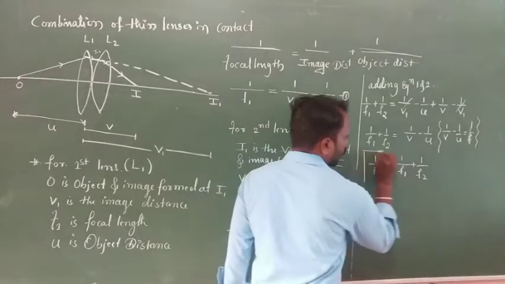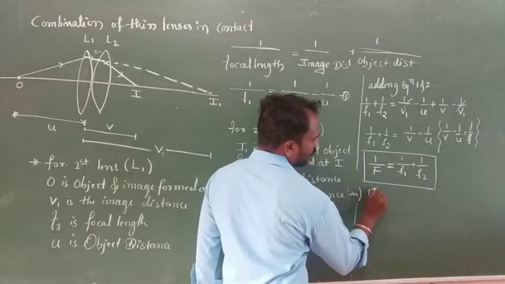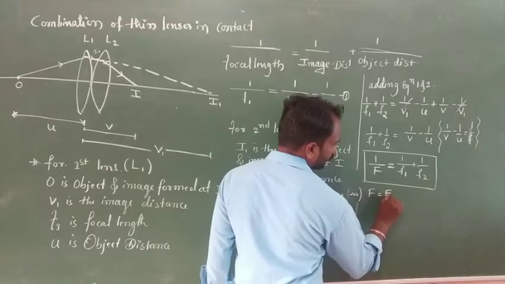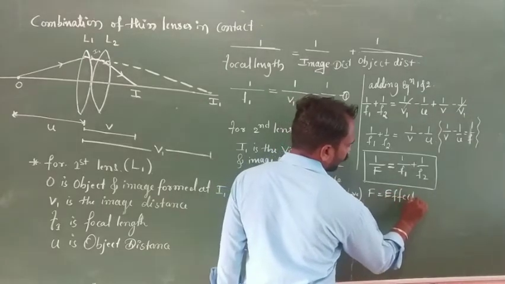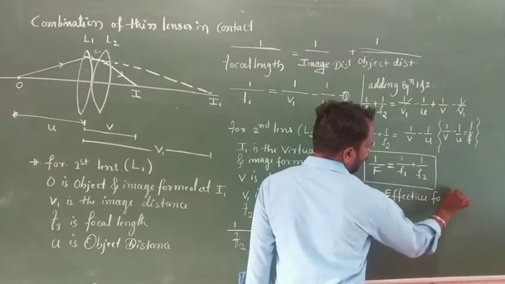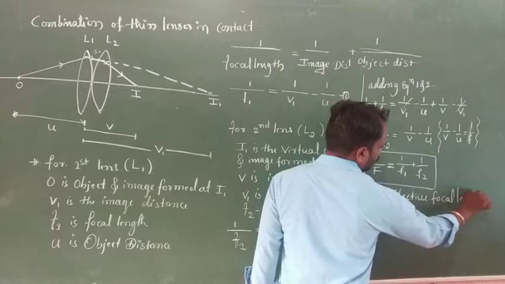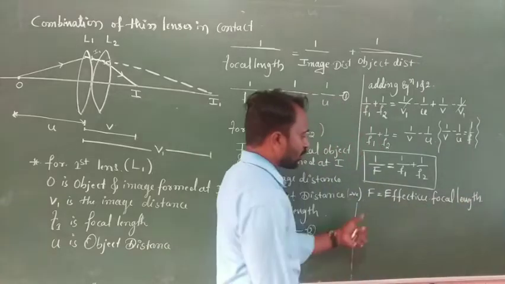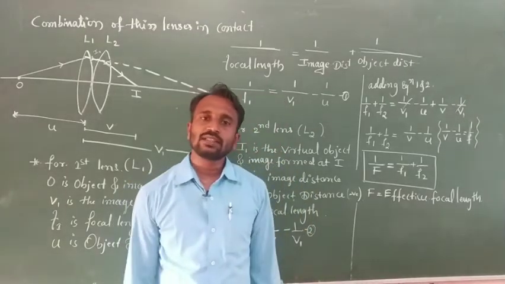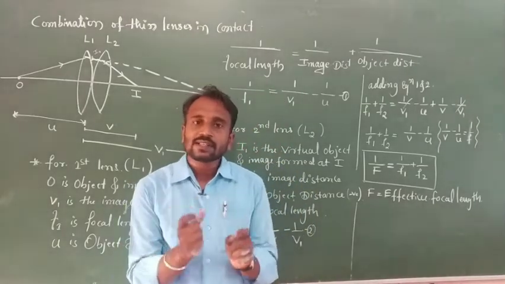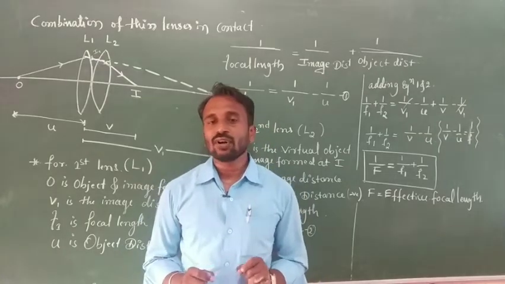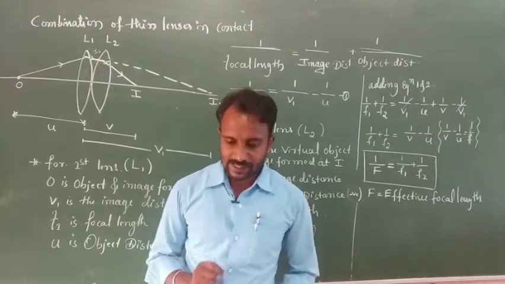So this is the formula. Capital F is the effective focal length, which is nothing but the focal length of a combination of lenses.